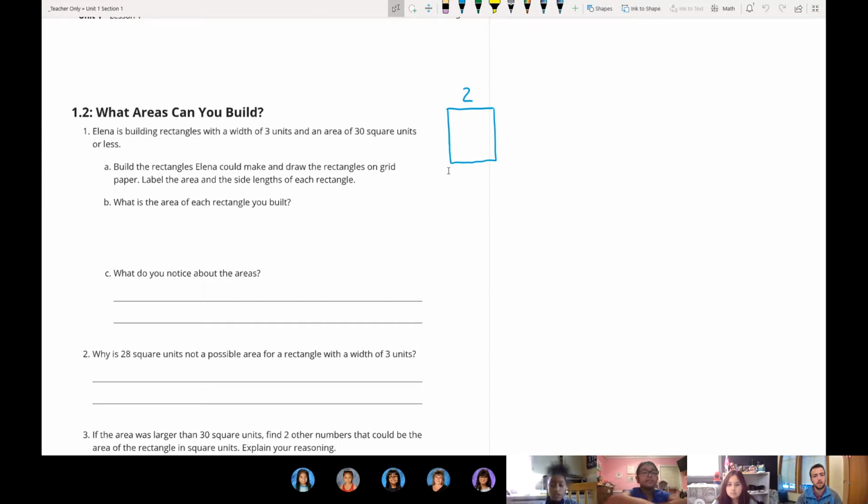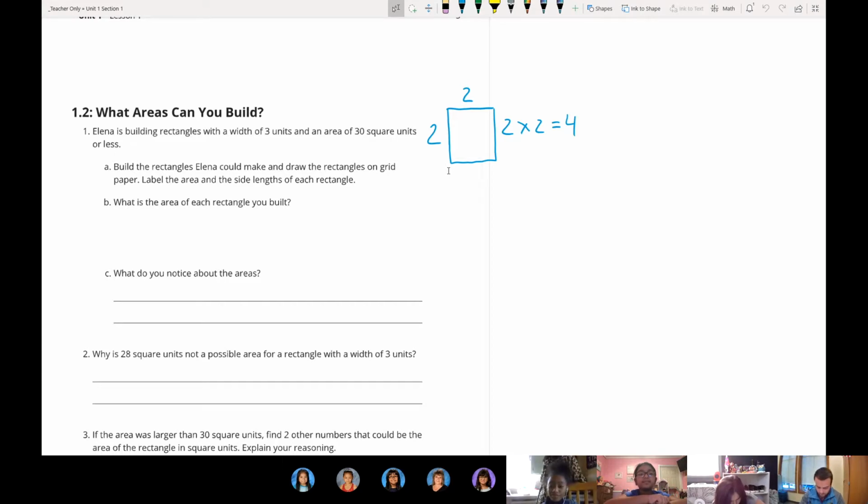Camila, go for it. 2 times 2. All right, so if we had 2 by 2, and then what is that area? 4. The area, awesome.